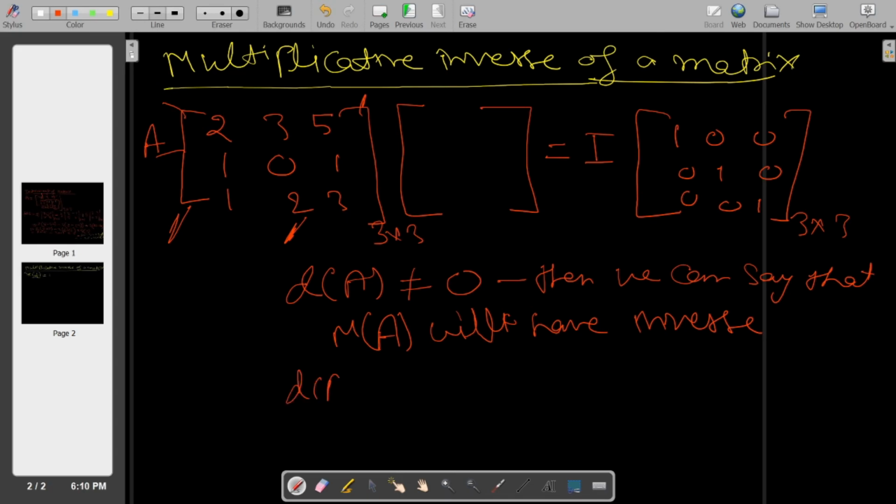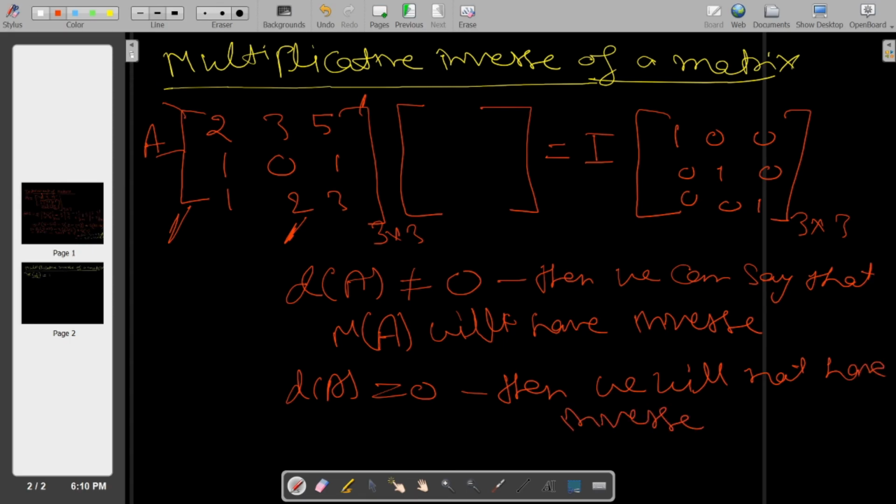If the determinant of A equals 0, then we will not have an inverse of the matrix.